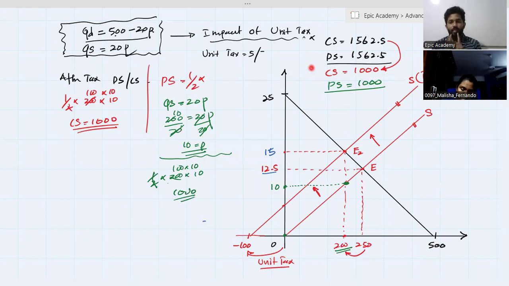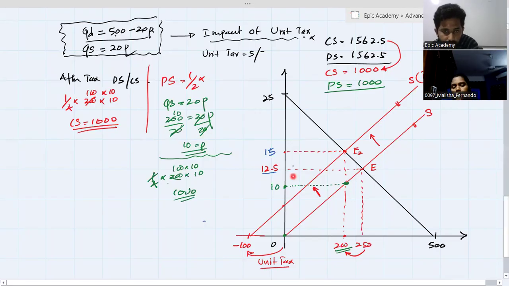So again, very important thing, okay? Clearly identify what I'm going to say. This area was related to the producer surplus before the tax. This area belonged to the consumer surplus before the tax, but it reduced to this area.